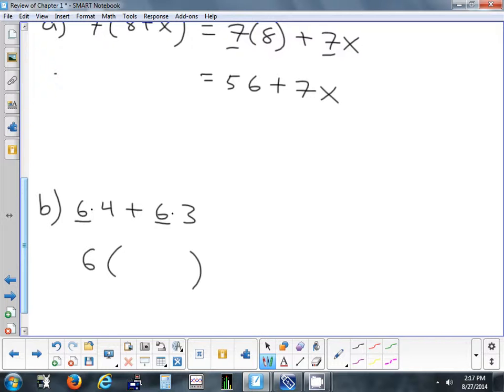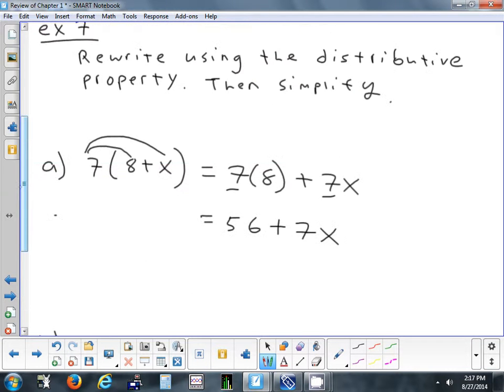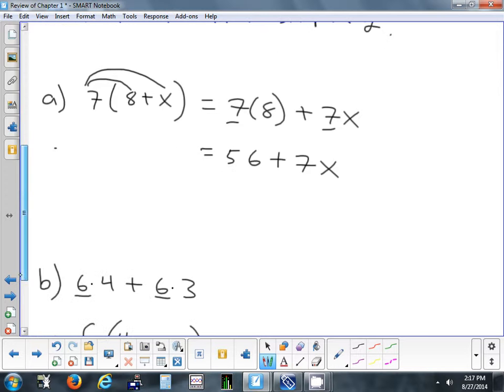What symbol do you think we're going to put inside here? Addition. Why? Because we had addition right there. What's going to be my first number? 4. My second number? 3. So you guys just used the distributive property the other way. This is one way to do it, and part A is the first way we did it. Any question on that?